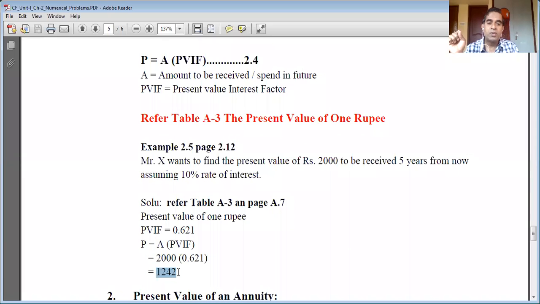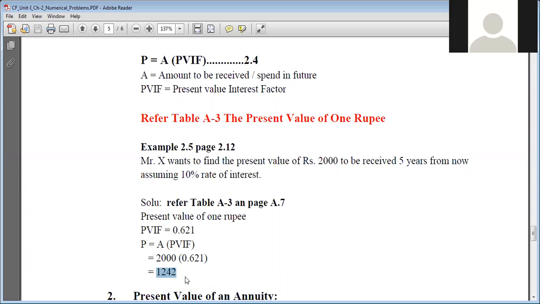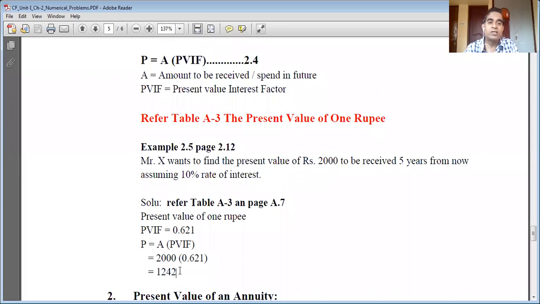So the present value of 2000 rupees, which Mr. X will receive after 5 years, when discounted at the rate of 10%, is 1242 rupees. It means 1242 rupees of today is equivalent to 2000 rupees after 5 years. I hope you understand this concept of a discounting technique.